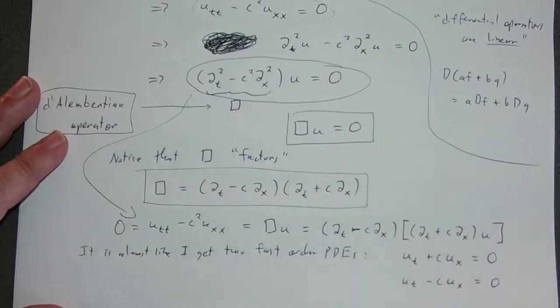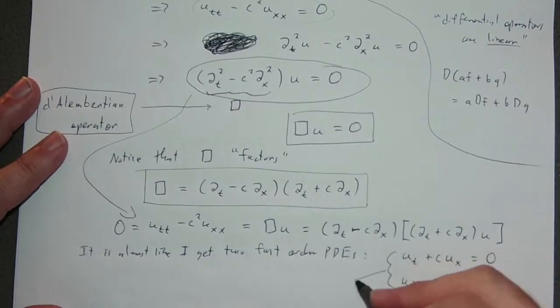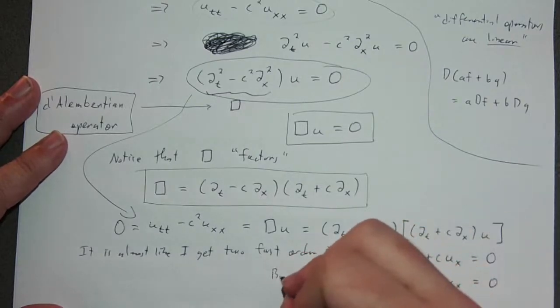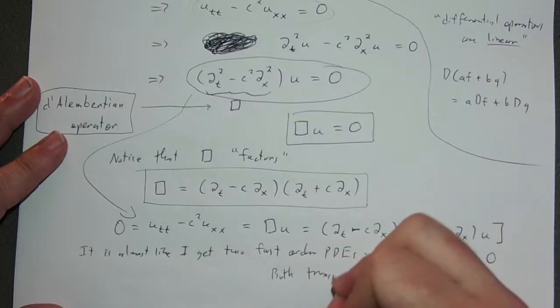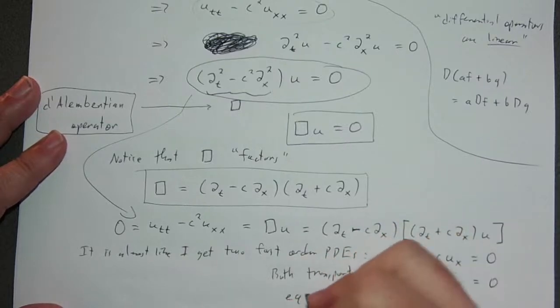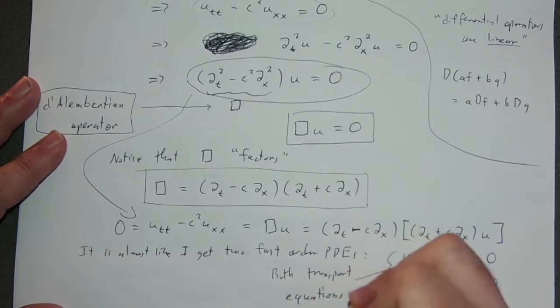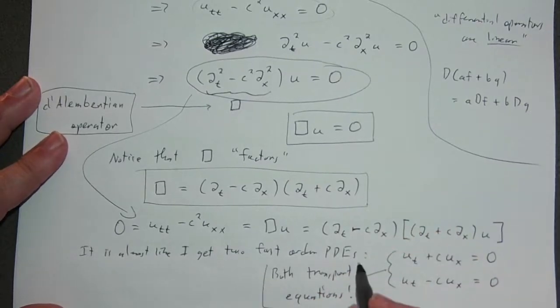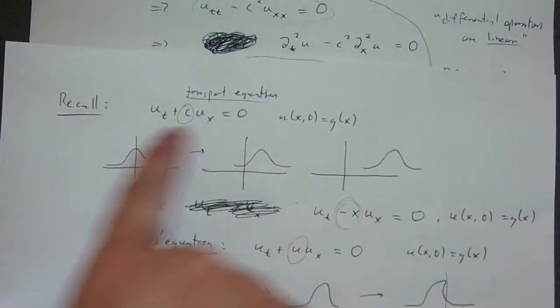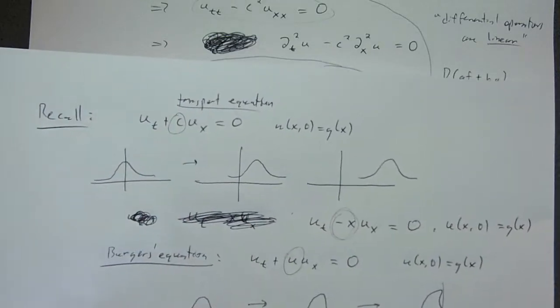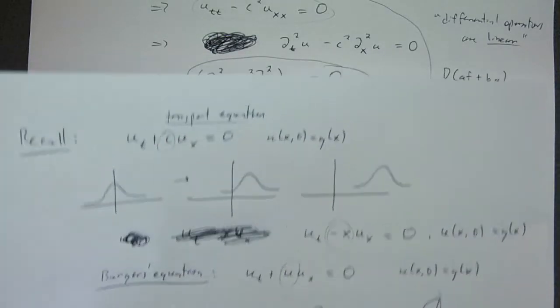But what are these PDEs? These are both first order transport equations. Of course, at the very beginning of lecture today, this transport equation was exactly our original model for this sort of thing.